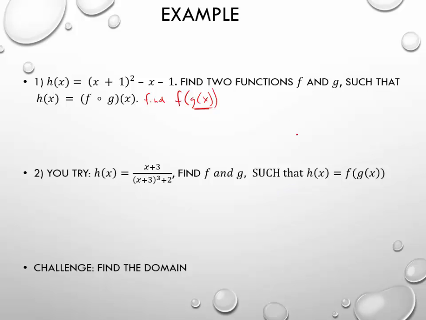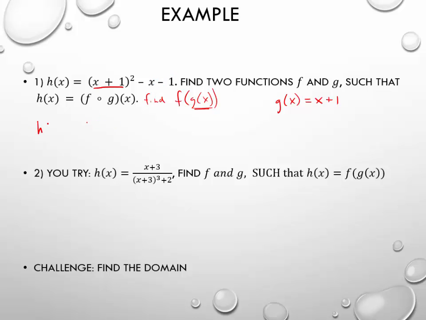What is g of x? It's x plus 1. Okay? How do we know it's x plus 1? Look, it's right there. It tells you. So if I plugged in x plus 1 into an equation, how did I get this?